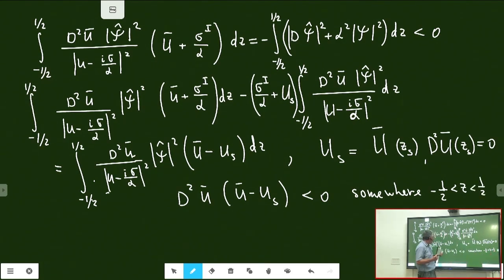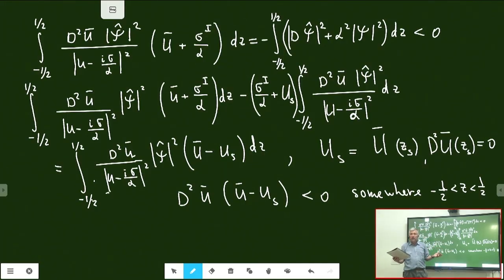So it's not only the second derivative which has to be 0 somewhere, but this combination here has to be negative somewhere. Only in that case we will be able to say that the flow might be unstable.